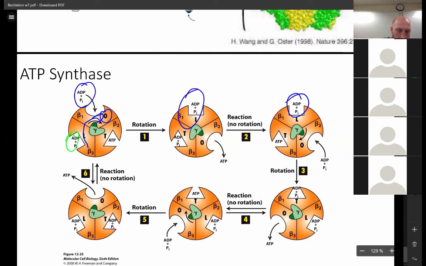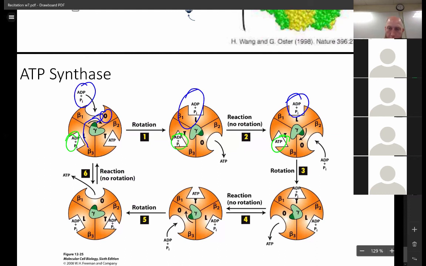If you were watching this one, there was no reaction from the tight binding, which is the T, but there is conversion to ATP before you rotate to this open step. So once you bind the tight, and you get tight binding, you're going to convert the ADP and Pi to ATP.